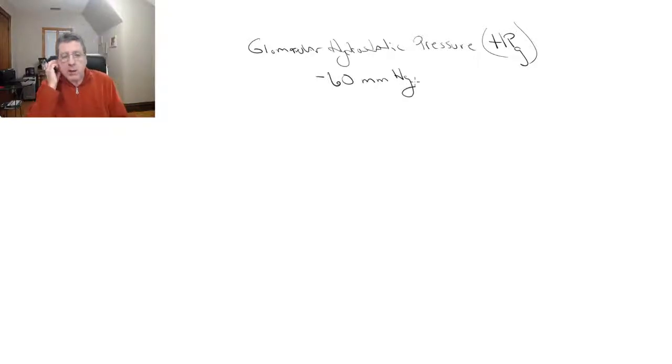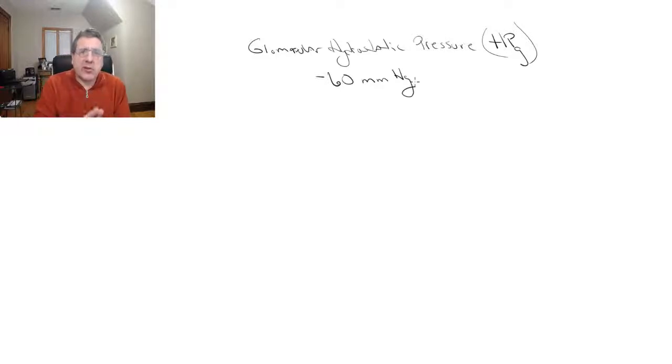This pressure is greater than your usual blood pressure. This would be the blood pressure within the glomerular capillaries, but this is different from the blood pressure of your systemic system. This runs about 60, whereas the other pressures, if you were to go back into the cardiovascular chapter, were 20 or 30, if I'm not mistaken, and it's much greater.